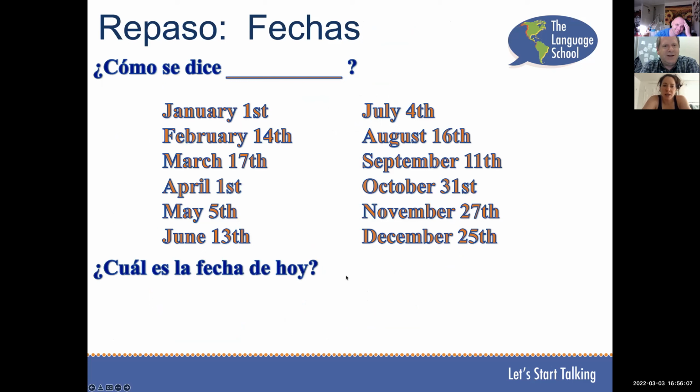¿Cómo se dice January 1st? El primero de enero. Just add the article first. Ahí está. Okay. ¿Cómo se dice February 14th?